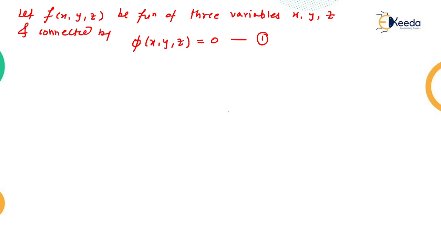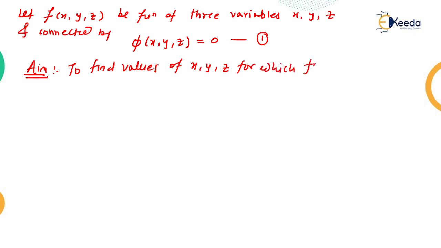Now suppose we have to find the values of x, y, z for which f of x y z is stationary, which means we have to find the maxima and minima of this function f of x y z.